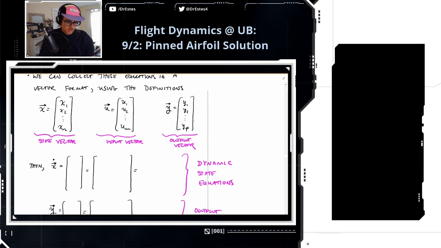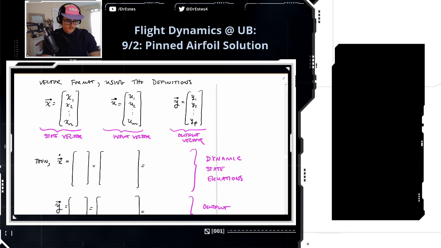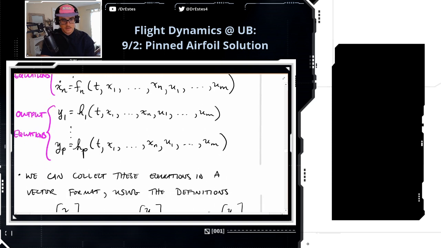So if I take the derivative of my state vector, I'm going to have x1 dot, x2 dot, all the way to xn dot. And this is going to be, remember we said x1 dot was just some f1, some function. But here I'm just going to truncate the notation a little bit. You could say it's a function of my states, but you could just put the state vector.